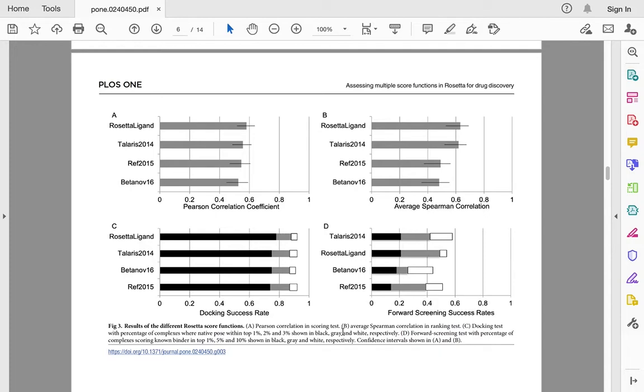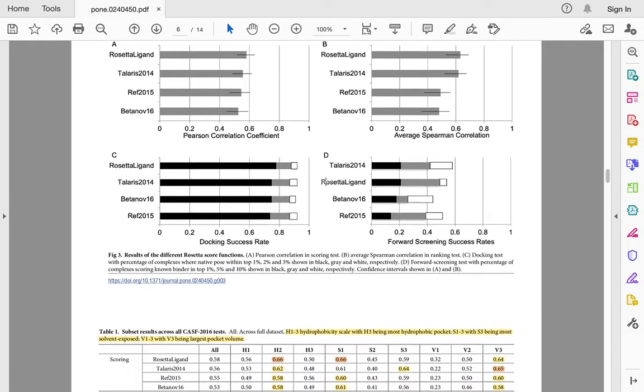And these are the results for score functions within Rosetta. In general, Rosetta ligand and Talaris 2014 perform better than the latest versions, which are Ref 2015 and Beta Nov 16.